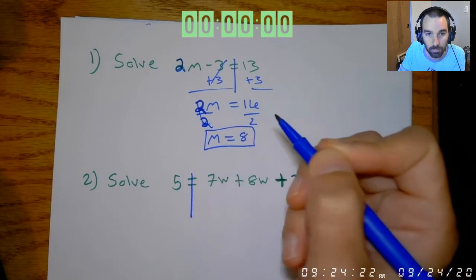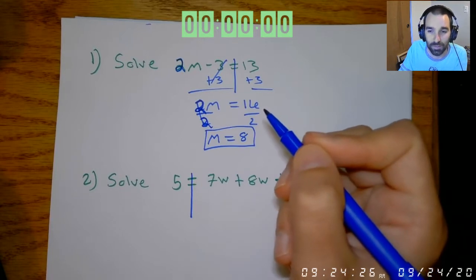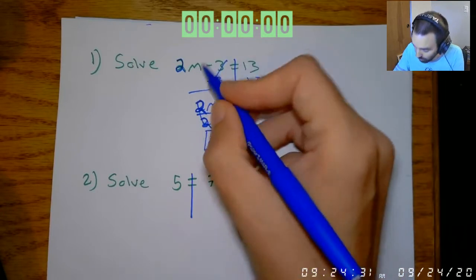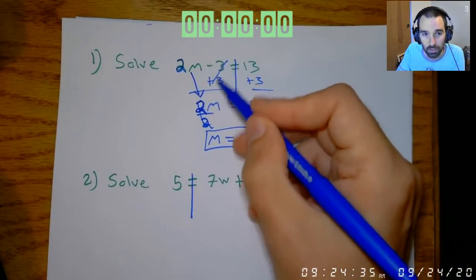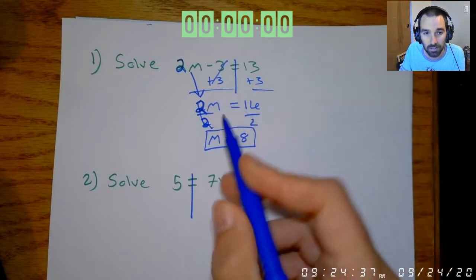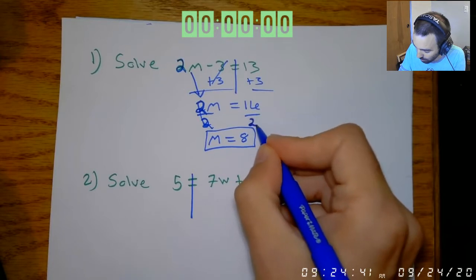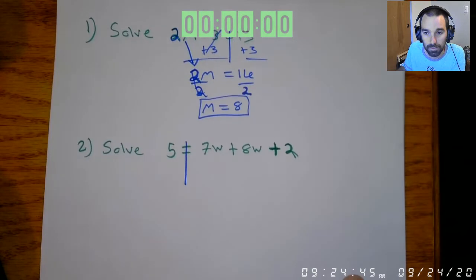Is that what we're talking about? Okay, I'm sorry about that. Thank you for asking. I really appreciate that. Yes, this was a 2m. The 2m just went down because all we were doing was the 3 here. So the 2m just stayed, and then we divided both sides by 2. I need to make my 2's a little bit more curly, don't I? I'm sorry about that. I'll work on that.